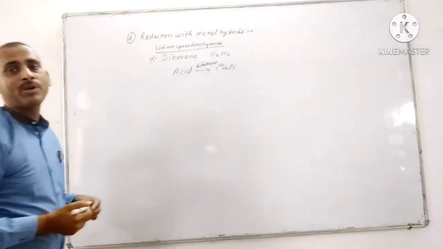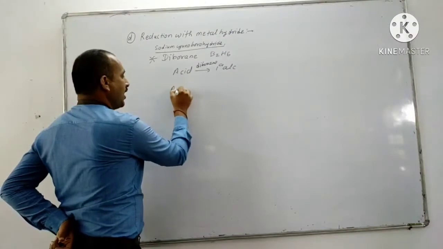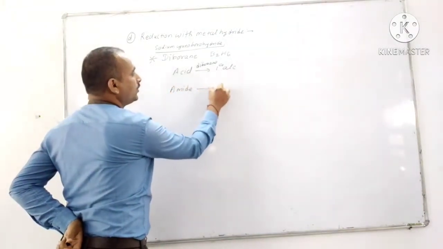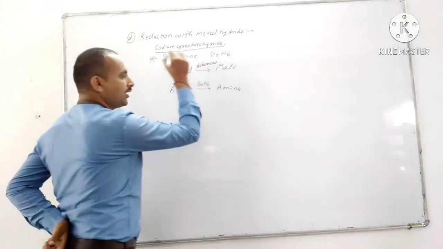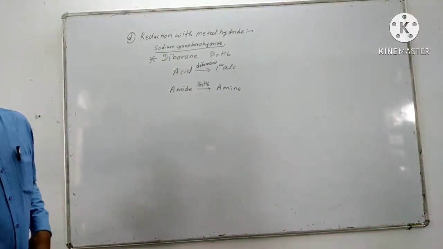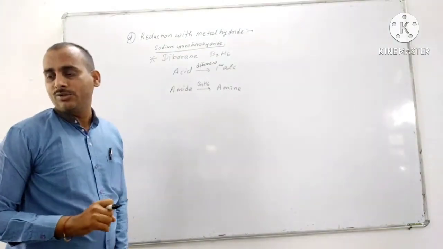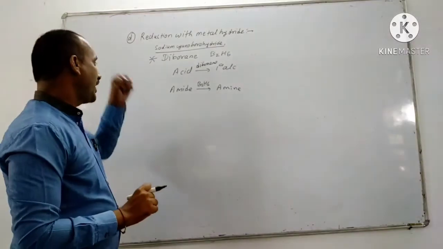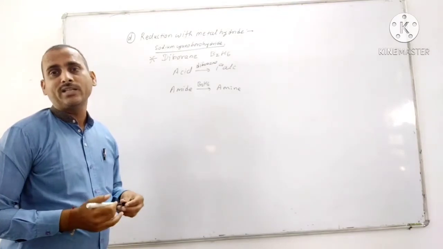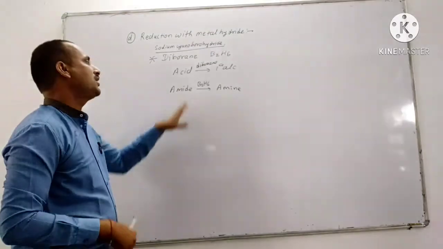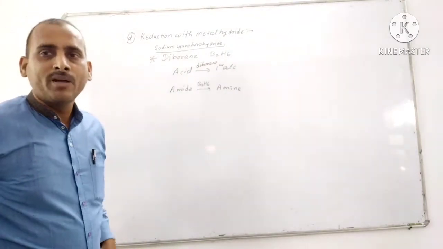Borane exists in the dimer form, B2H6. Diborane also reduces amide to amine, and it weakly reduces aldehyde, ketone and ester. So it is a selective reducing agent for carboxylic acid to the corresponding primary alcohol.